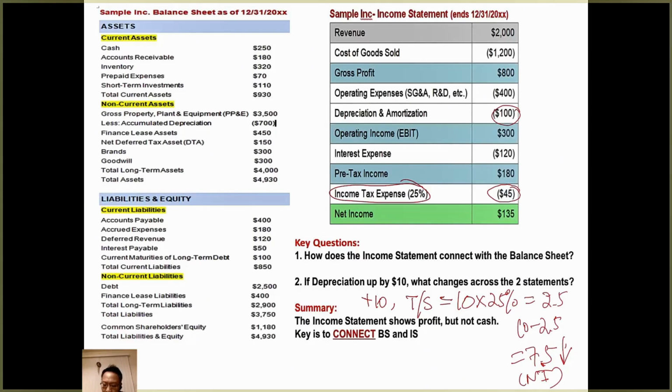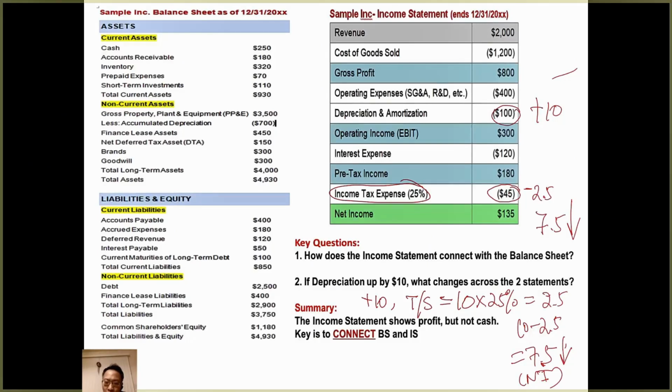So we have a tax shield, which is a tax benefit of $2.50 or 25%. So what really shows up for us is a decrease of $7.50 in net income. So it's not a $10 decrease.